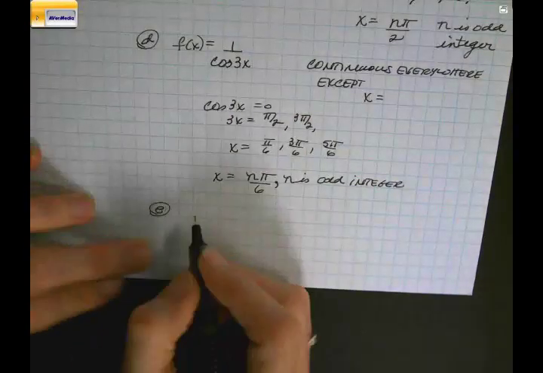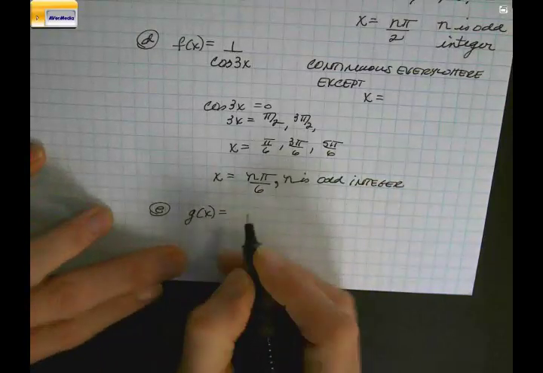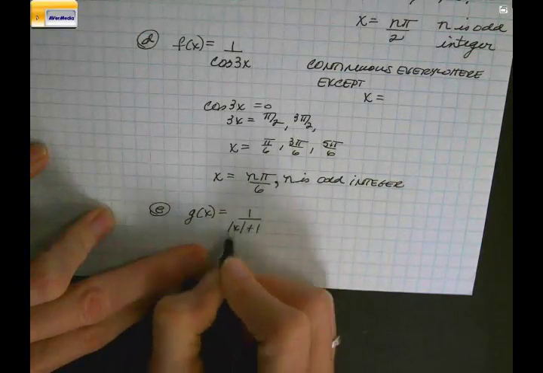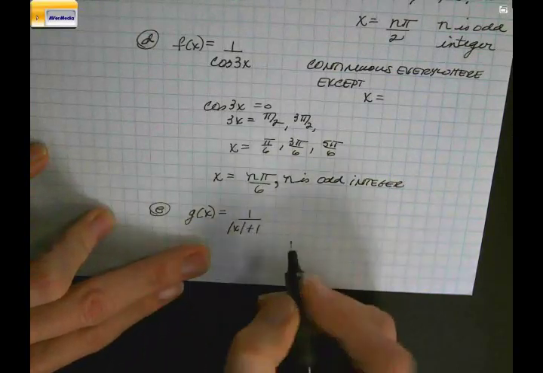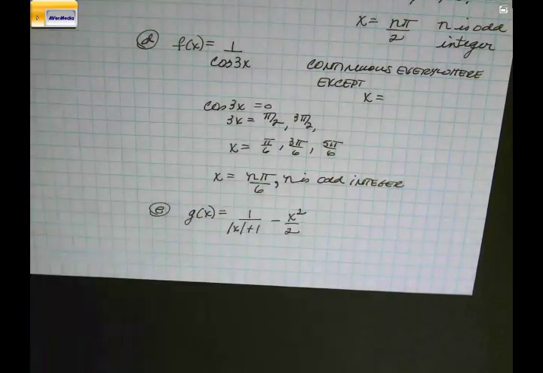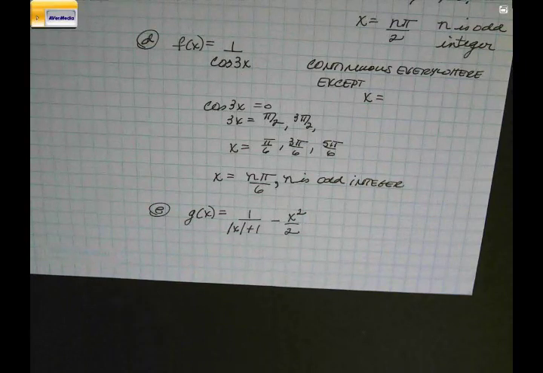This is kind of a weird looking one, but it's not hard. Suppose it says 1 over the absolute value of x plus 1, minus x squared over 2. What a weird looking function. Is it ever possible to have a problem? Meaning, can the denominator ever equal 0, or can you have a square root of a negative number?